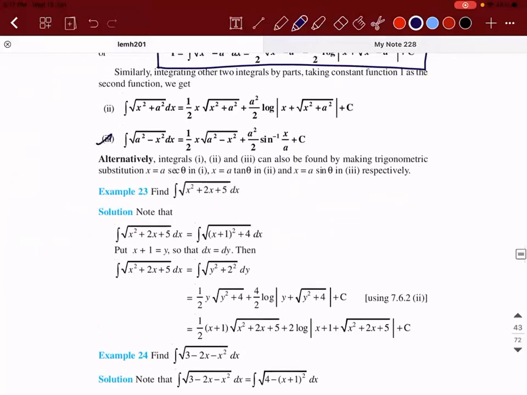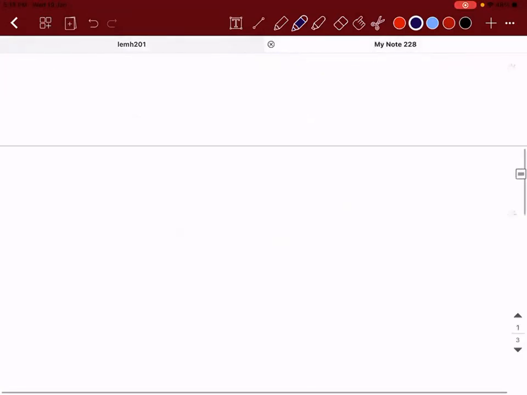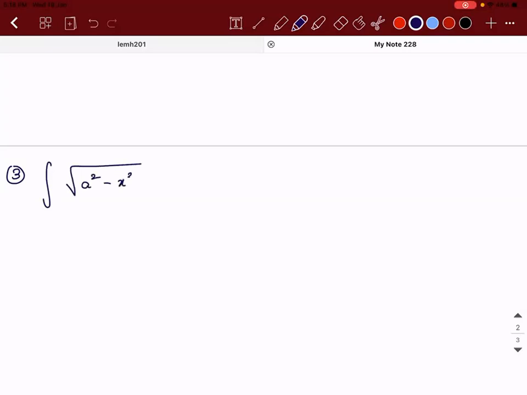Now, last, root of a square minus x square. So here what is going to happen is same logic you can use, right? Yes, sir.